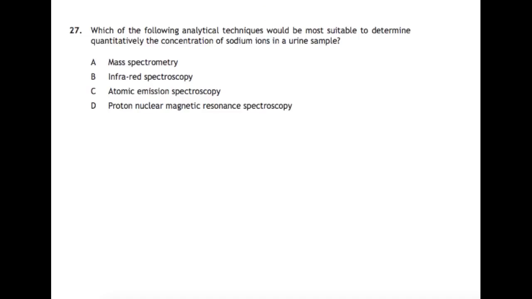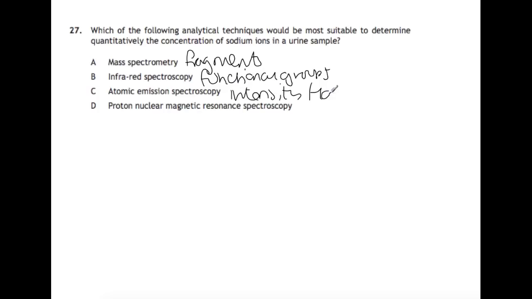Okay, so we're looking at different analytical techniques, so you need to know what each of these can be used for. So mass spectrometry is good for finding fragments of organic molecules. Sodium ions in a urine sample wouldn't really be able to be found. Infrared will give you functional groups. So again, used for organic molecules. Atomic emission spectroscopy, this was looking at the intensity of a flame colour.